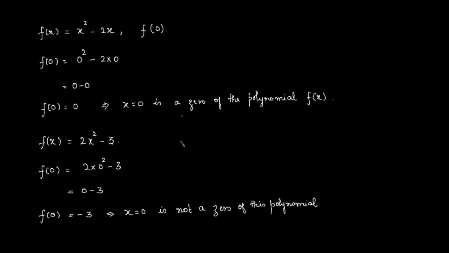Now these two statements imply that x is equal to 0 need not always necessarily be a 0 of any polynomial. In this case, 0 happened to be a 0 of the polynomial. Whereas in this case, if you see, x is equal to 0 is not a 0 of the polynomial. So this is very, very important, a concept to be used when you do problems of zeros of a polynomial.